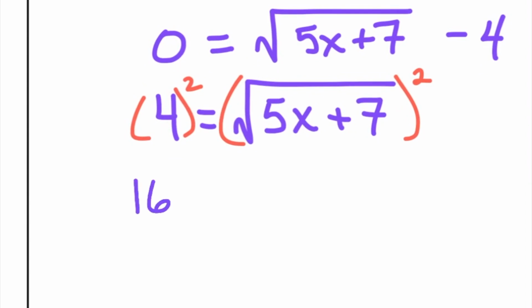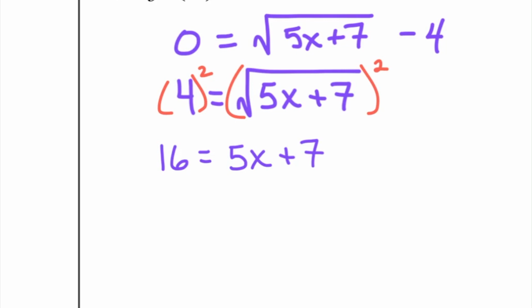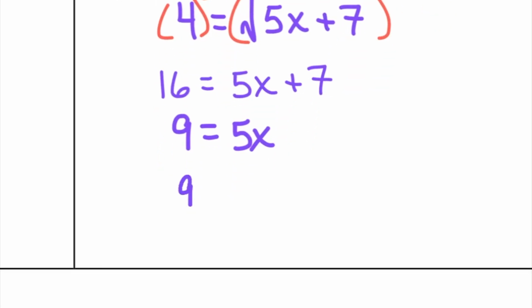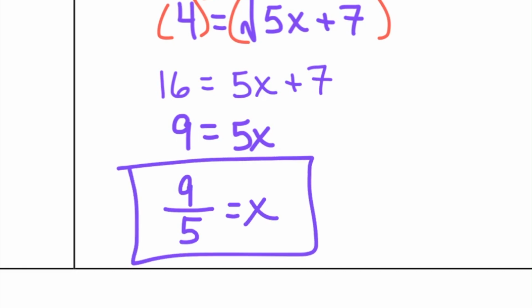And so in this case, 16 equals 5x plus 7. Subtract 7 from both sides, and so 16 minus 7 is 9. 9 equals 5x. Divide both sides by 5, and 9 over 5 equals x.